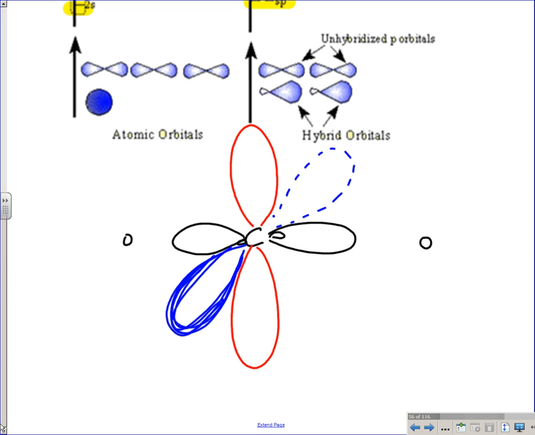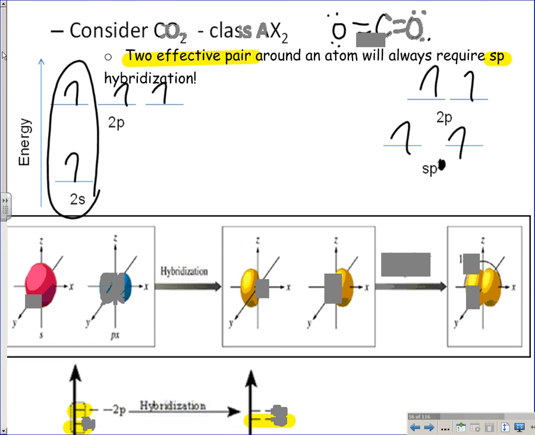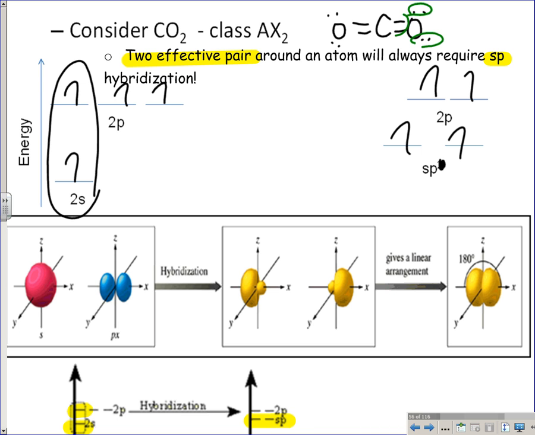Oxygen is what hybridization? Look at oxygen. How many electron domains around it? 1, 2, 3. So what's its hybridization? sp2.